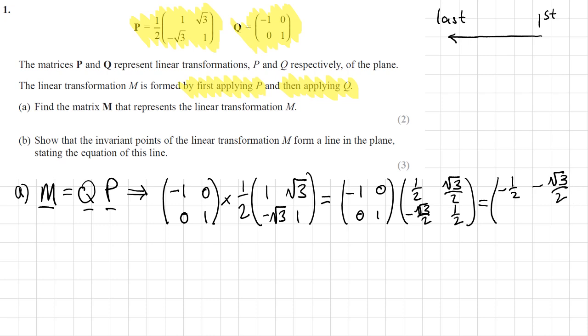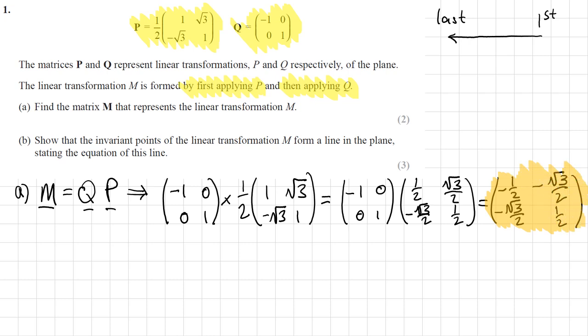And then the bottom row, 0 times a half, and first column, plus 1 times negative root 3 over 2 is negative root 3 over 2. Then the last one is 0 times root 3 over 2 plus 1 times a half, which is just a half. Okay, so there we go. There's our matrix that represents the transformation P first, followed by Q.